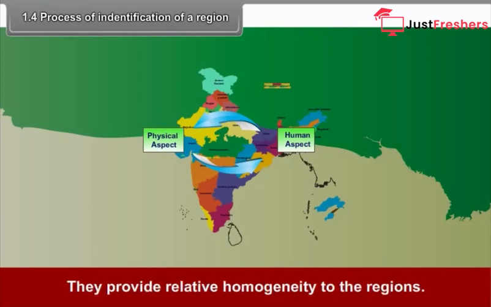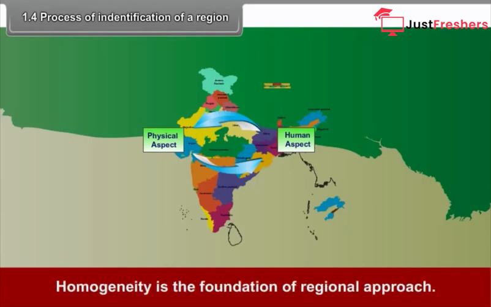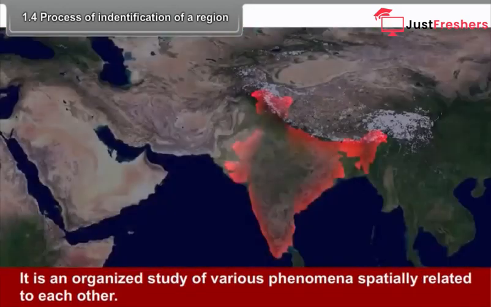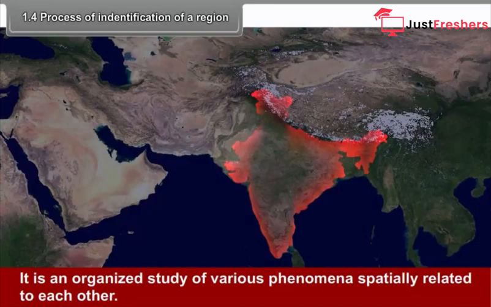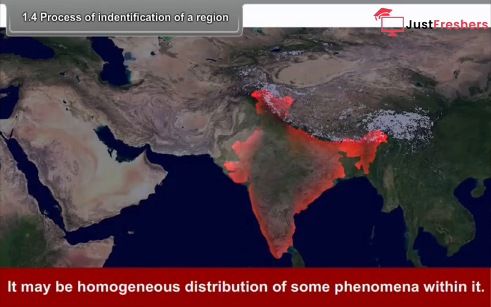They provide relative homogeneity to the regions. Homogeneity is the foundation of the regional approach. It is an organized study of various phenomena spatially related to each other. It may have a homogeneous distribution of some phenomena within it.